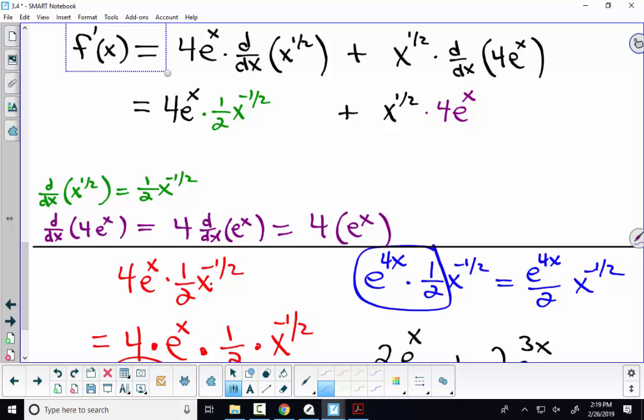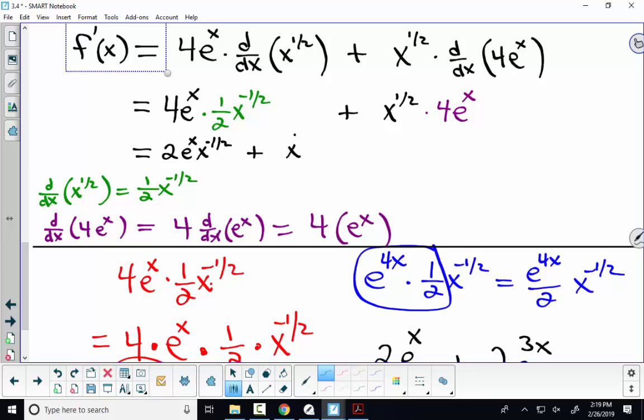We want to look at taking the derivative, and all of this down here below that line was just showing you that the order of multiplication doesn't matter. So what we have is 4 times e to the x times 1/2 times x to the negative 1/2. The only other thing we could do is multiply the 4 by the 1/2 to give us 2. We can't combine these terms.